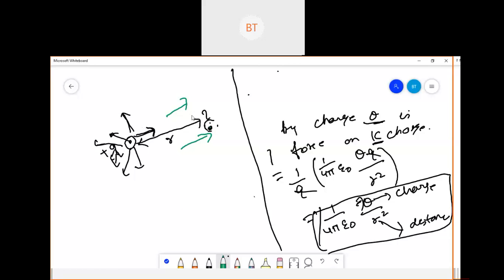If the distance is r, what I will write here is E equals 1 by 4 pi epsilon naught times q by r square, which we already know. Now we are trying to derive this.